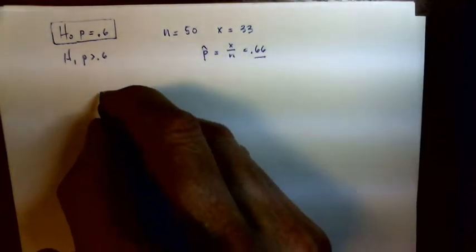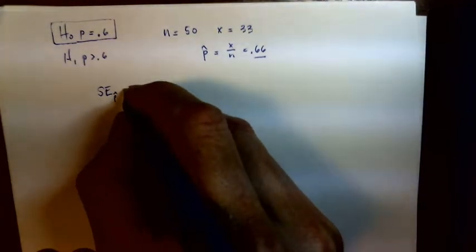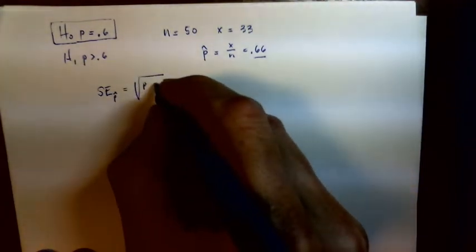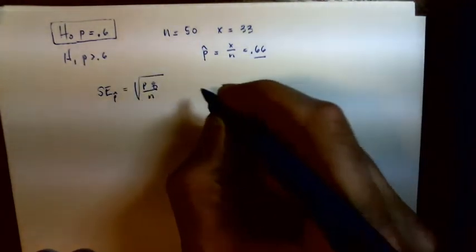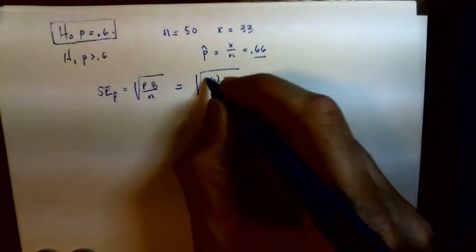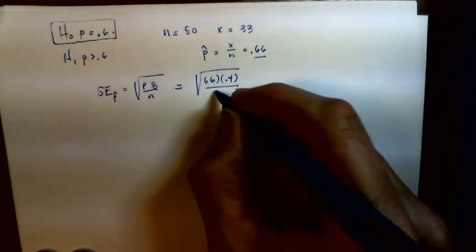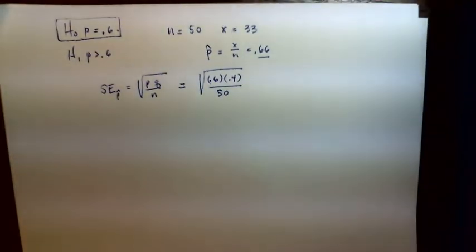You might remember the standard error for p hat is given by this, square root of p times q all over n. So in this case, since we're assuming that's p, that's equal to 0.6 times 0.4 divided by n, which is 50 in this case.